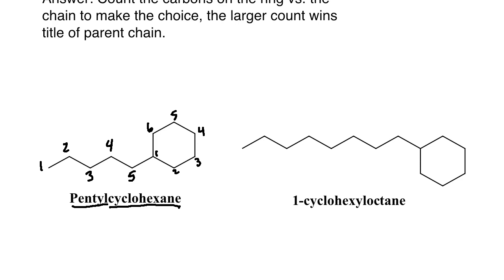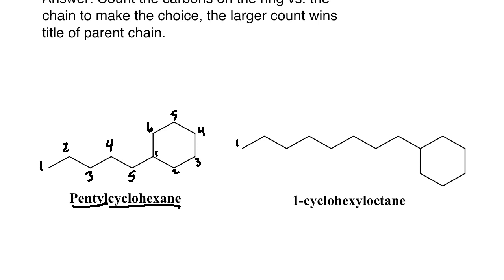Now if there was a methyl somewhere else on the chain, then I could get involved in numbering and saying 1 methyl 3 pentyl or something of that nature. Now, moving over to the right, I now have a longer chain than I do a cyclic compound.